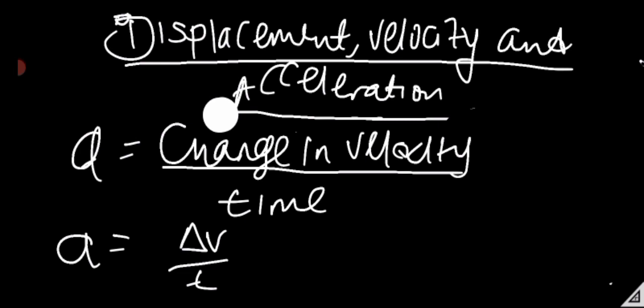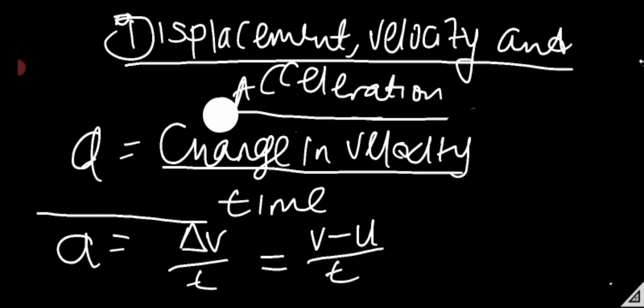Now, when we have two velocity values given to us, it is the same thing as saying delta V is the difference between the final and initial velocity. So we can now say that delta V is equal to V minus U, all over T. Are we getting it now? So acceleration is the change in velocity with respect to time.